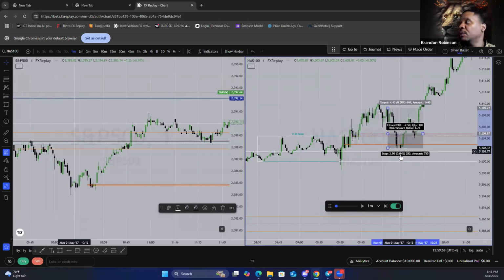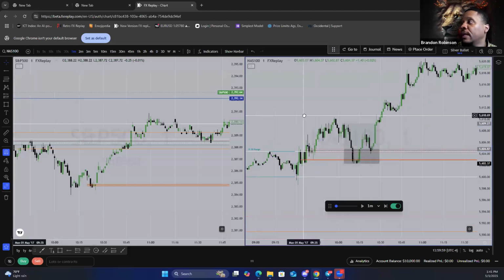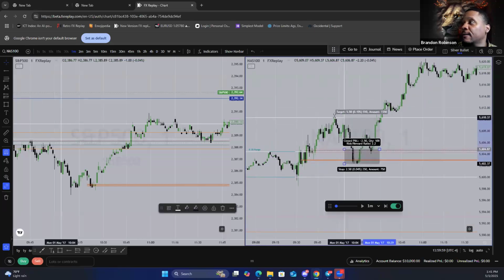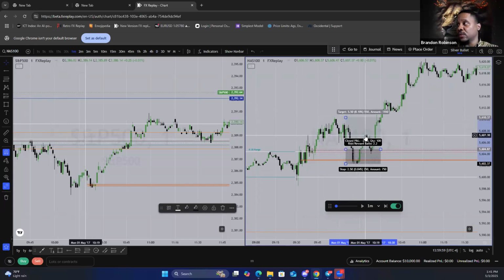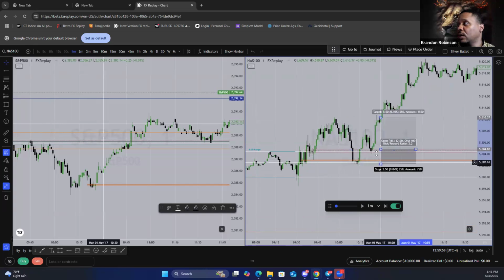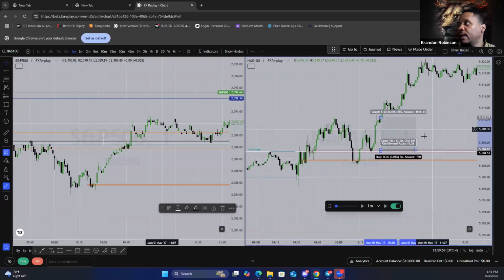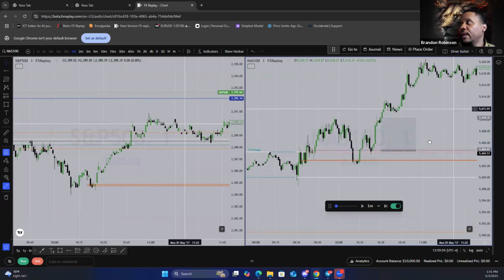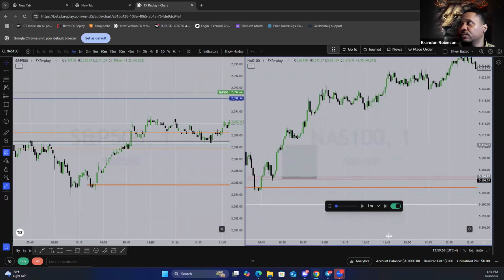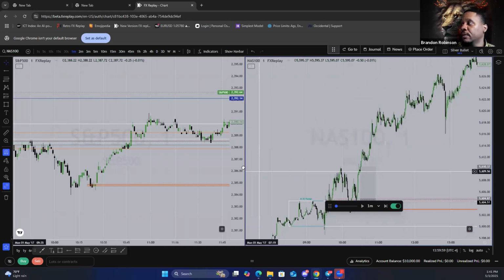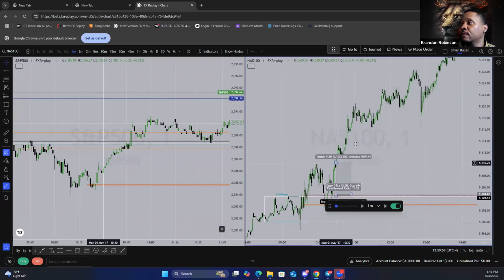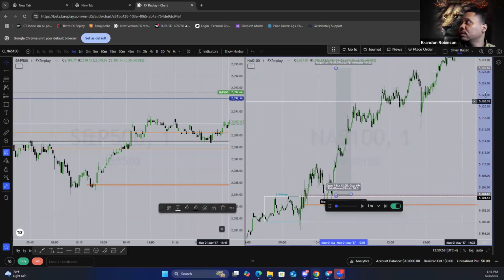So if I'm saying, okay, I'm going to put a little bit of risk right here and I'm going to target this high, boom, that's my 2-to-1, and then I close half. And the rest of my trade, I can just say, I'm going to go grocery shopping, and I'm going to close at the end of the day.